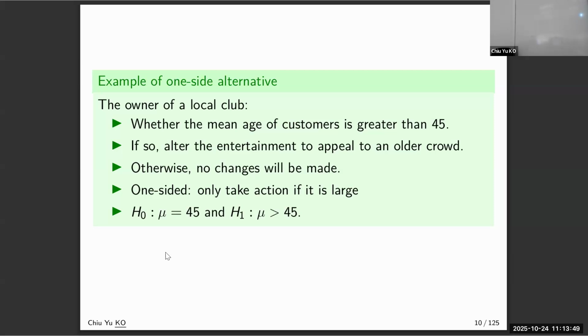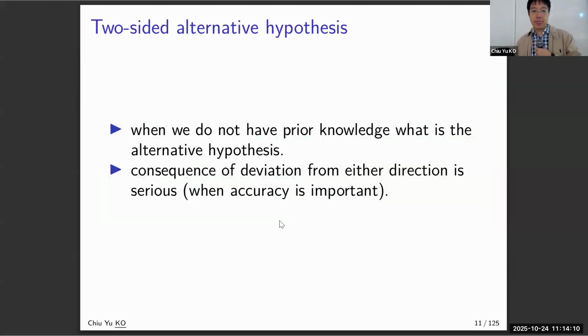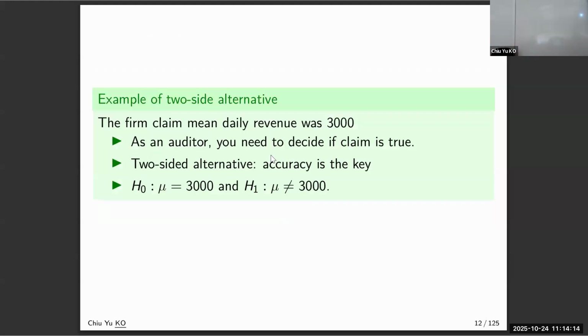But don't worry too much, because usually I would be giving you more than or less than, at least in the sentence. I would explicitly give you whether the alternative is more than or less than. You don't have to guess. But if you have to do it on your own, you have to decide. And for two-sided, you don't know. So the example is like this: as I said, the firm, someone claims it's 3,000, and you want to test if it's true.